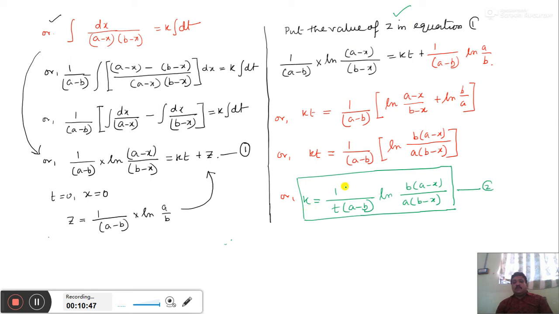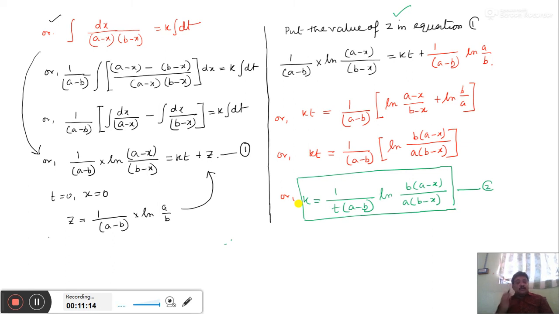Now k is 1 by t into (a minus b) ln b into (a minus x) by a into (b minus x). This is the most complicated form of the expression of k for a second order reaction. This expression arises when the concentrations of both the reactants are different in a second order reaction. This is not an easy one, this is a complicated one.